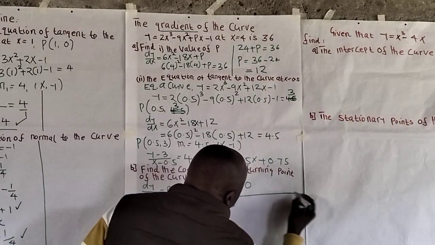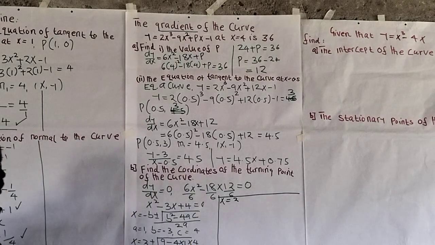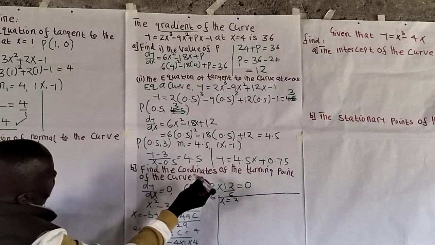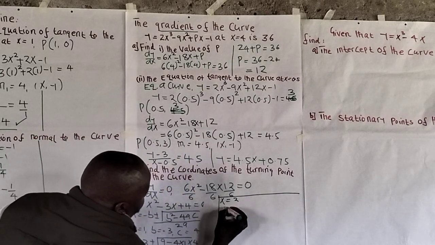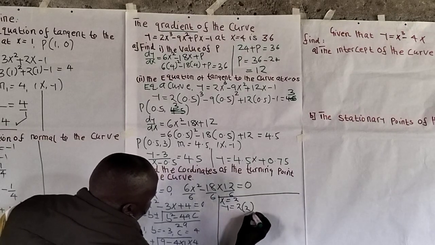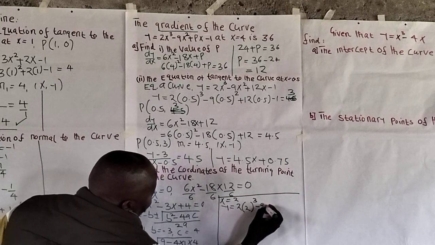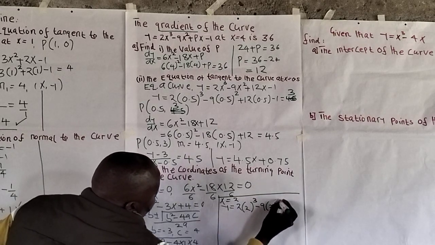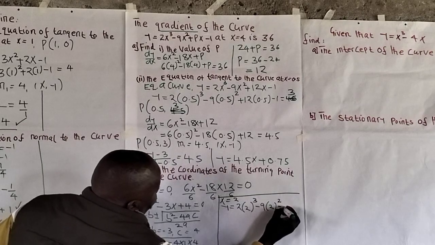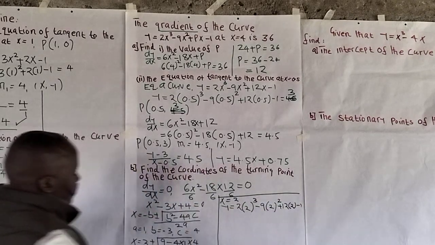So we can proceed. When x is equal to 2, we come back to our equation, where the value of y is equal to 2 in bracket. We substitute 2 raised to power 3 minus 9 times 2 squared, then plus 12 times 2, then minus 1.